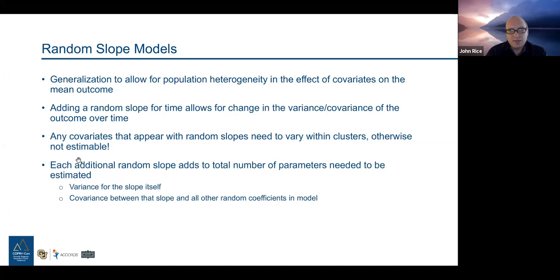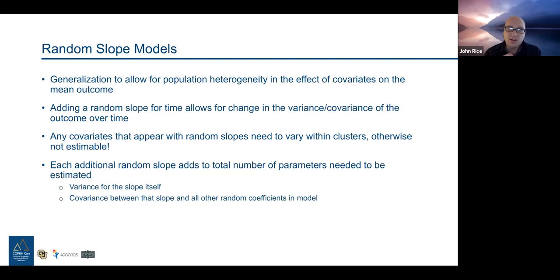Another thing to keep in mind is that, as with the unstructured covariance pattern model, each random slope is going to add to the total number of parameters that you need to estimate in this modeling framework, because you have both the variance for the slope itself, and then typically you need to estimate a covariance between that slope and all the other random coefficients in your model.